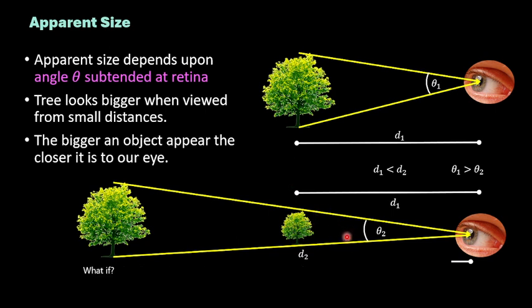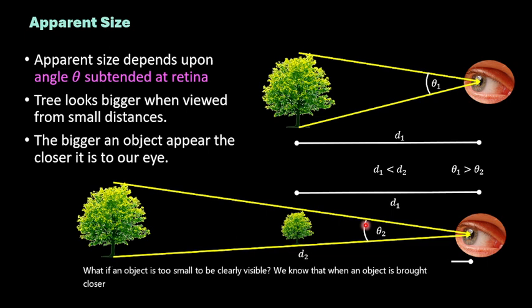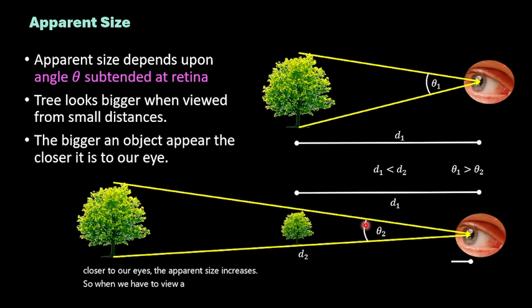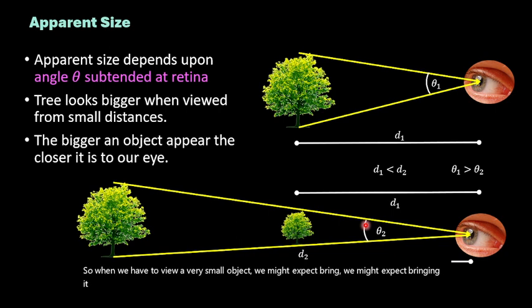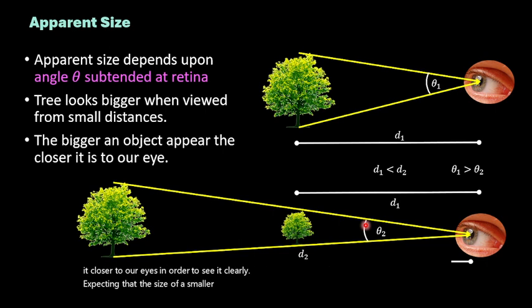What if an object is too small to be clearly visible? We know that when an object is brought closer to our eyes, the apparent size increases. So when we have to view a very small object, we might expect bringing it closer to our eyes in order to see it clearly, expecting that the size of a smaller object will increase as it is brought closer and closer to our eye.